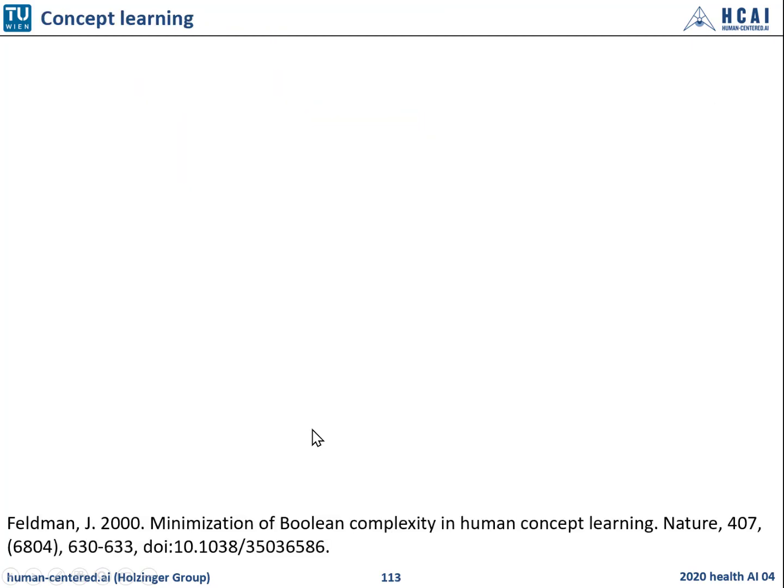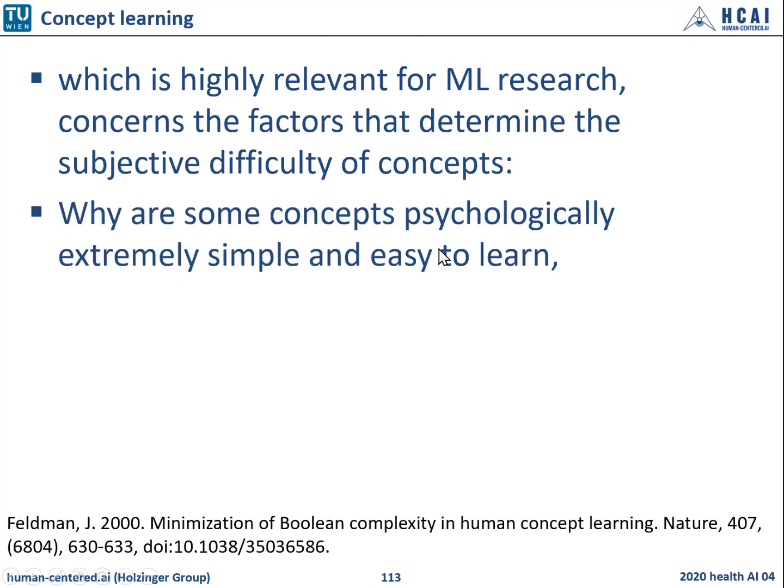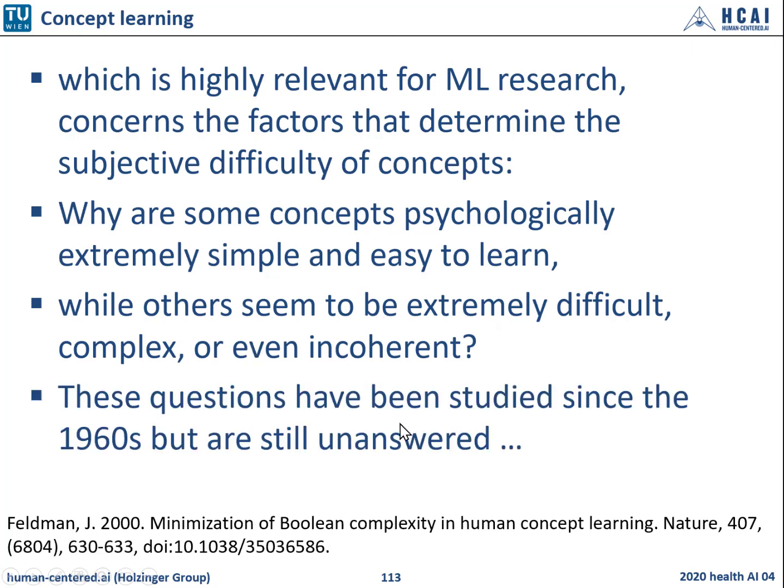And what is concept learning then? Concept learning is highly relevant for machine learning research, concerns the factors that determine the subjective difficulty of concepts. So why are some concepts psychologically extremely simple and easy to learn, while others seem to be extremely difficult, complex, or even incoherent? And these questions have been studied since the 1960s, but are still unanswered.